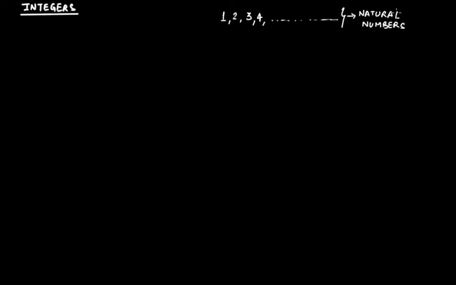If to this set, that is to the set of natural numbers, we introduce the number 0 and the rest is the same, 1, 2, 3, 4, and so on, then this set becomes whole numbers.